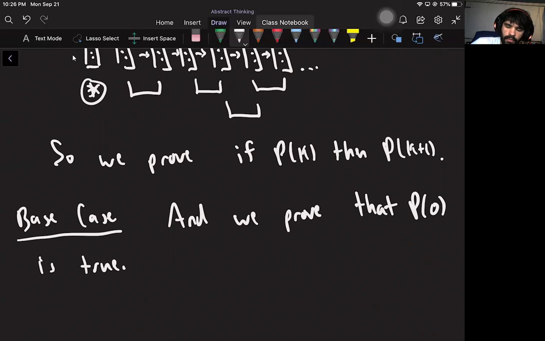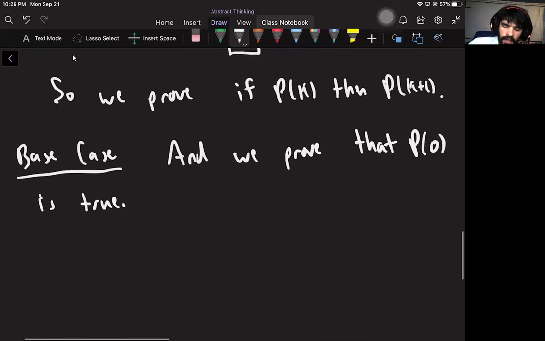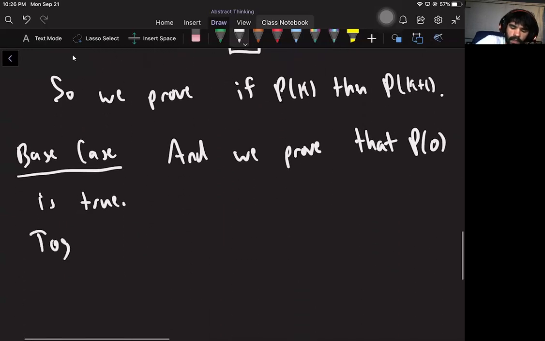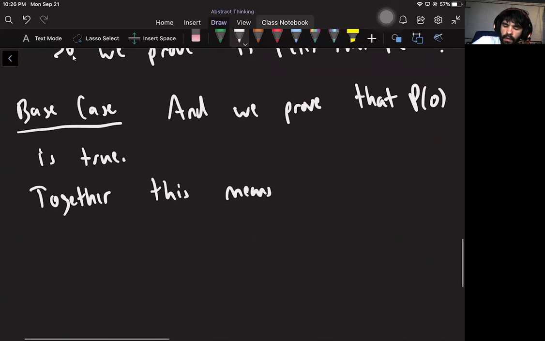So putting these two things together, the base case and the inductive step, what have we actually gotten to show? Well, I've shown P of 0 is true. That one I've done manually, I just checked it.